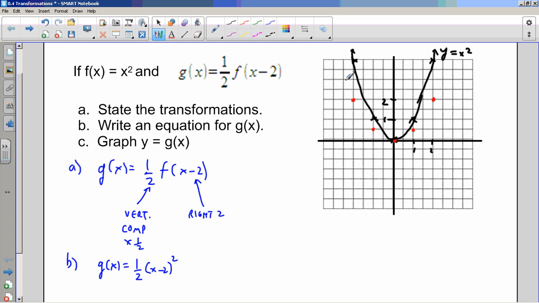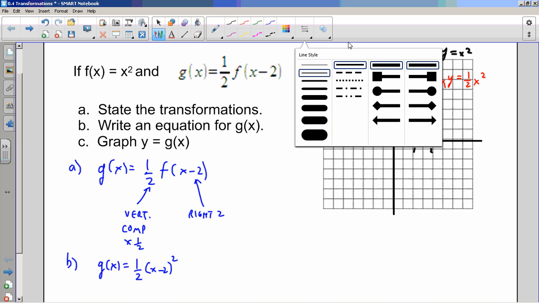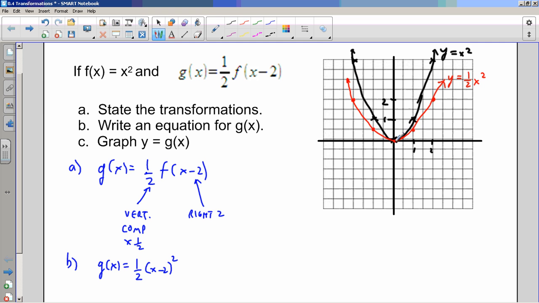In grade 10, we would have cut our step factor in half, but when we just think of any vertical distances getting cut in half, we can think of transformations more in general. Notice we're not done yet. We haven't moved this red one to the right, and that's my last step. I could do that by moving each of my nice points right 2. Or I could move the vertex, the starting spot, and then look at the pattern.